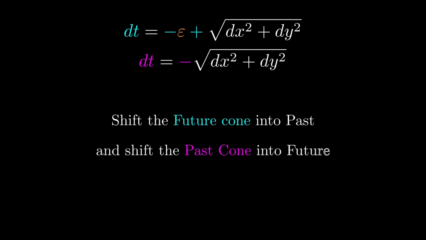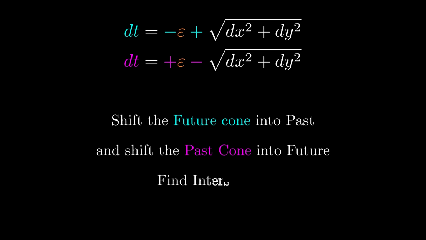Likewise, we send another scout into the future, again by equal epsilon length along the world line. The past cone is defined by the negative branch cone equation, translated into the future by plus epsilon. We find the intersection of these light cones by solving this system of two equations.